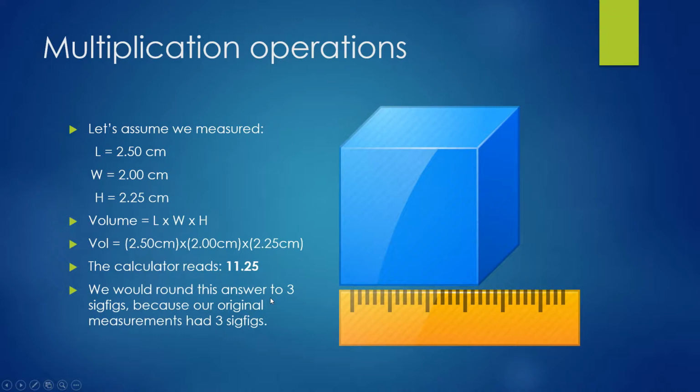However, we want to round this answer to 3 sig figs, because our original measurements had 3 sig figs. Therefore, we answer that the volume is equal to 11.3 cubic centimeters. These cubic units on centimeters are the result of centimeters times centimeters times centimeters equaling centimeters cubed.